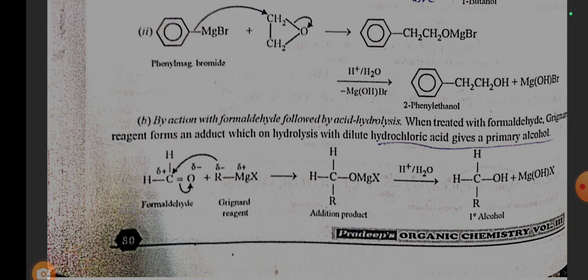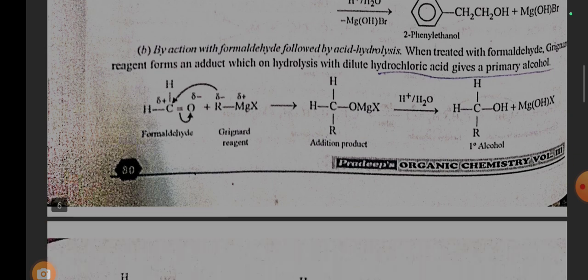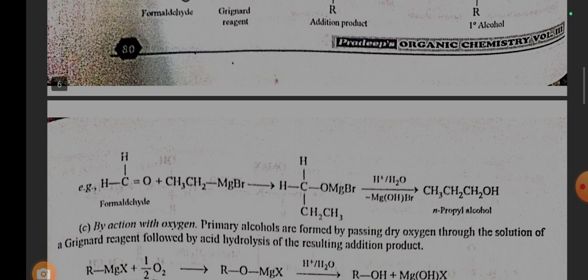B. By action with formaldehyde followed by acid hydrolysis. When treated with formaldehyde, Grignard reagent forms an adduct which on hydrolysis with dilute hydrochloric acid gives a primary alcohol. Formaldehyde + Grignard reagent gives addition product, which on hydrolysis gives 1° alcohol + Mg(OH)X.